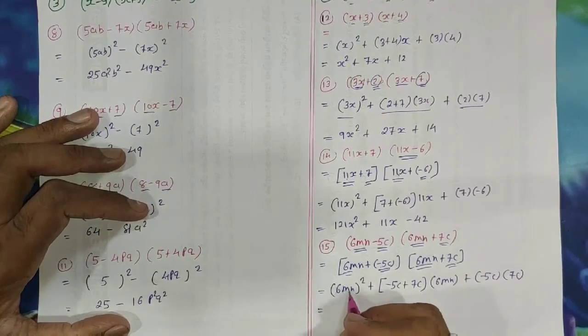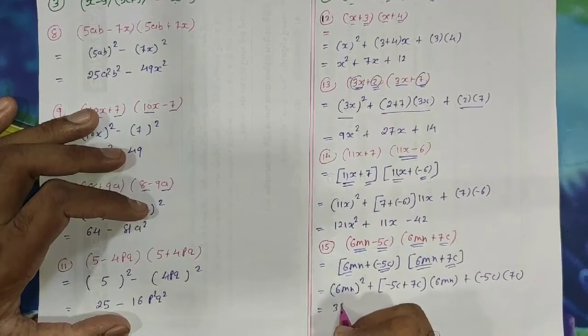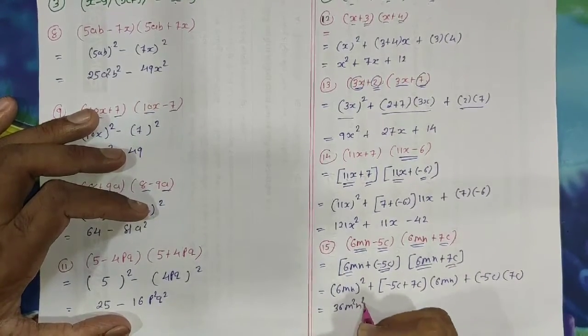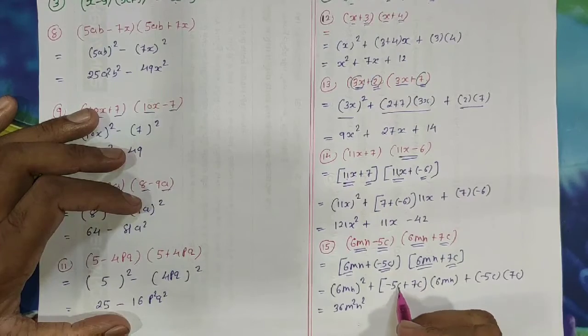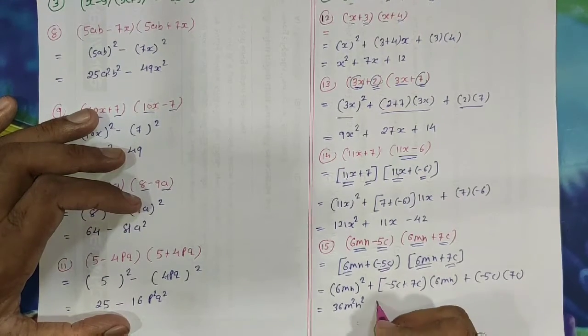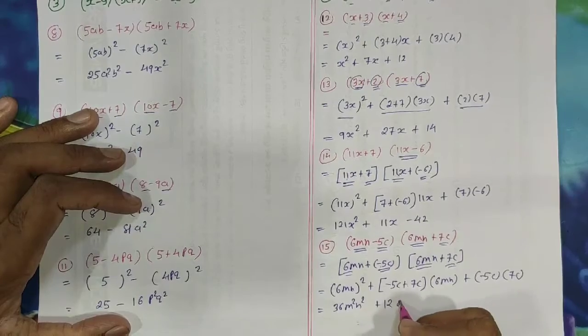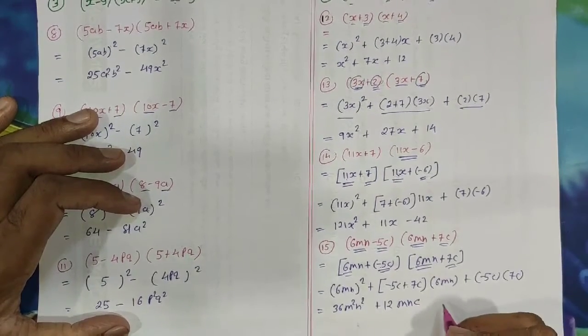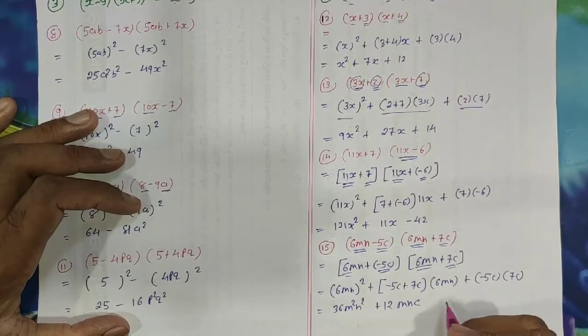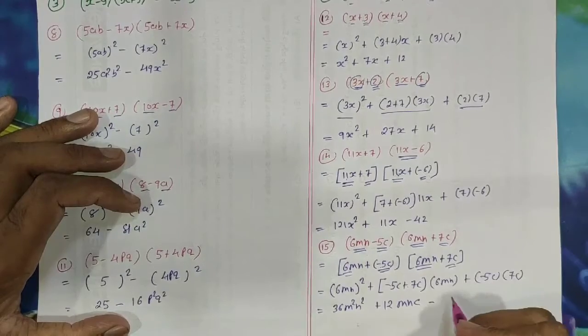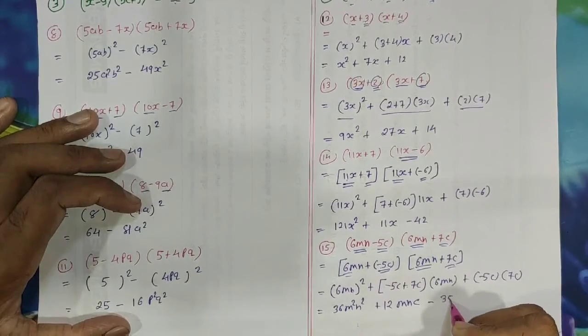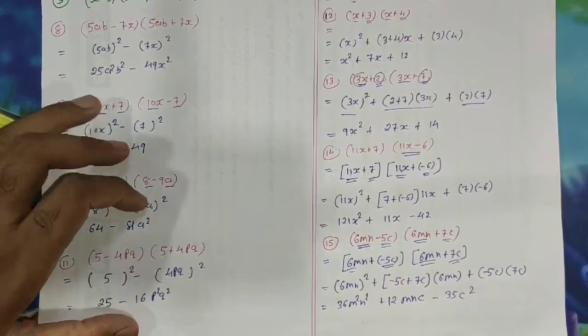Simplify it, so 6mn whole square is 36m square n square, 7c minus 5c, 7 minus 5 is 2c, 2 into 6 is 12mnc, very good. Minus 7 fives are 35c square.